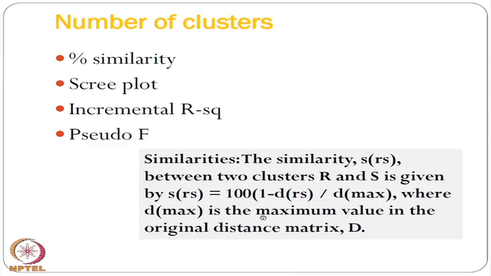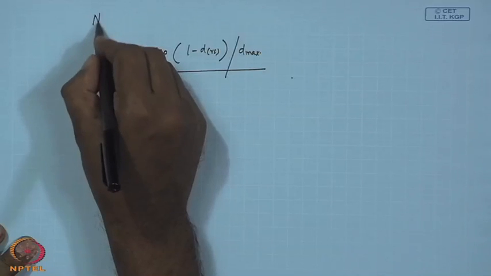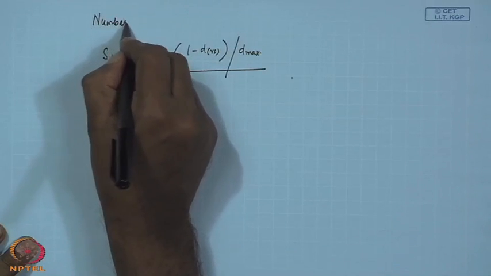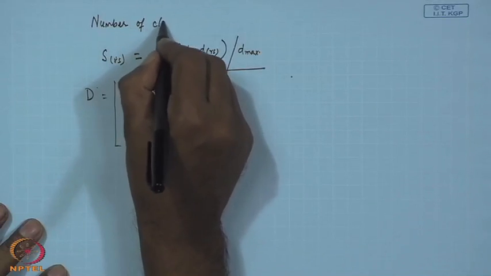Now, I will explain a little bit of that similarity part as well as scree plot, incremental R square and pseudo R square, pseudo F also, because these are the criteria for finding out the number of clusters that you want to keep.